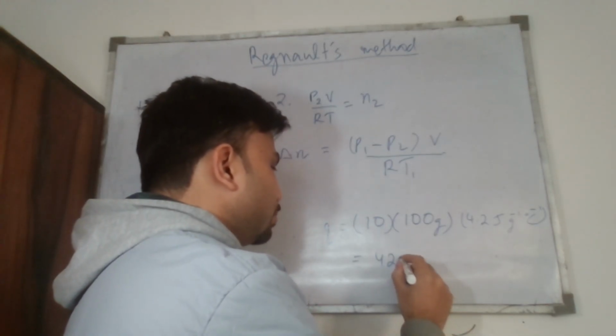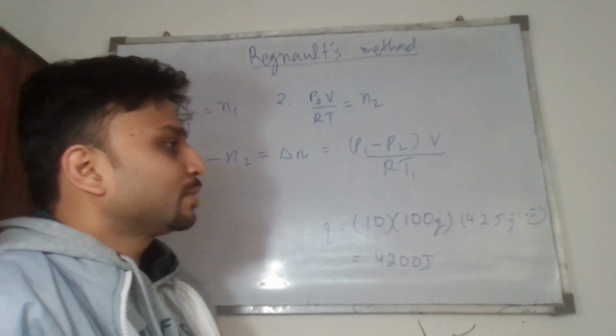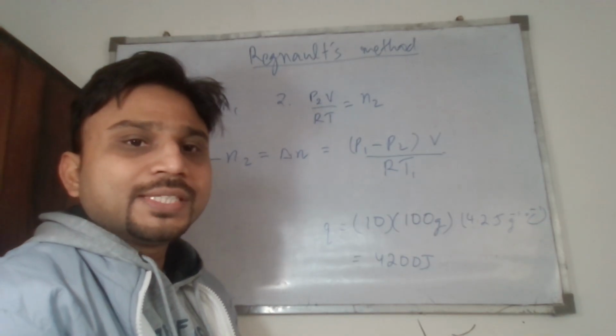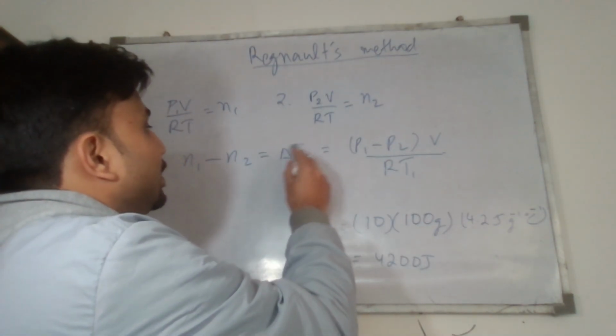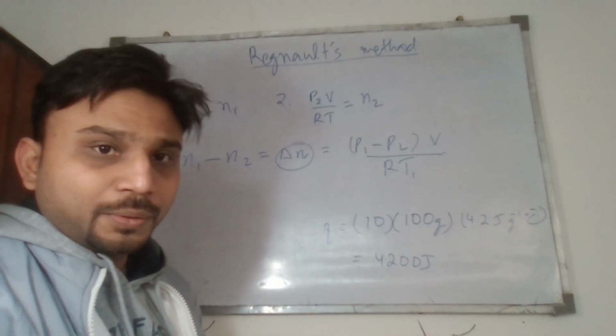This would be some 4200 joules. Now we'll say this heat is provided by the gas, which is this delta n moles we have taken out.